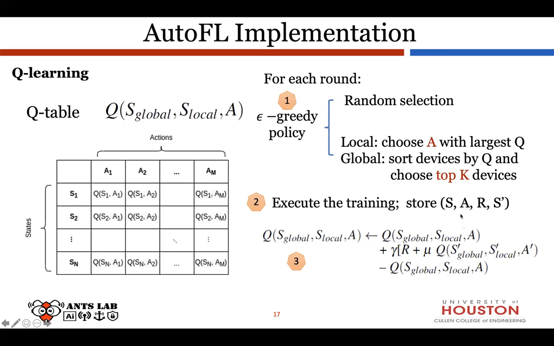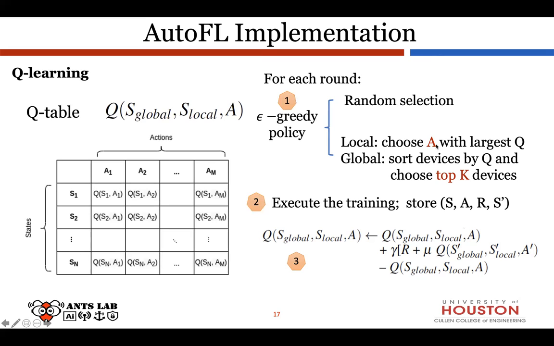I have another question. So there's going to be two Q tables, right? One is a Q table with the local state and action, and another is the global state and action. No, they only have one Q table. They only have the Q table of this local state.